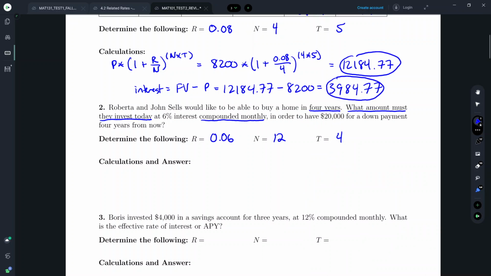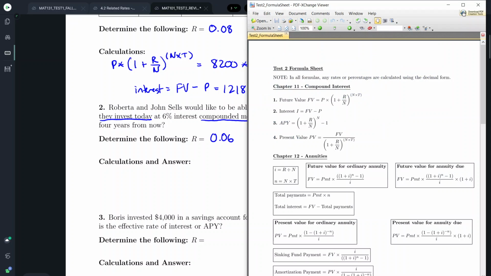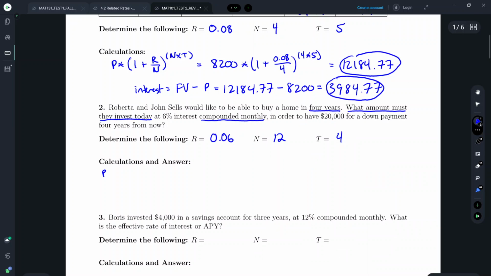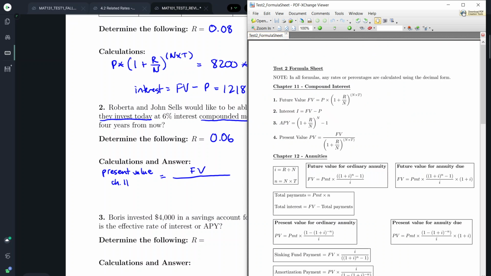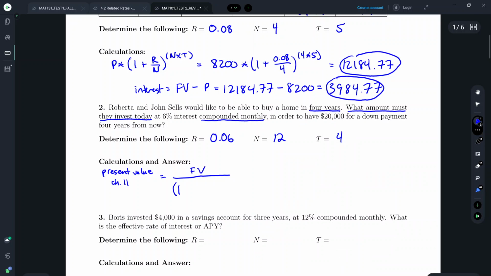Okay, so the formula again is this one. We're calculating present value, but from chapter 11, and the formula was the future value divided by parentheses 1 plus r over n, then the exponent is n times t.